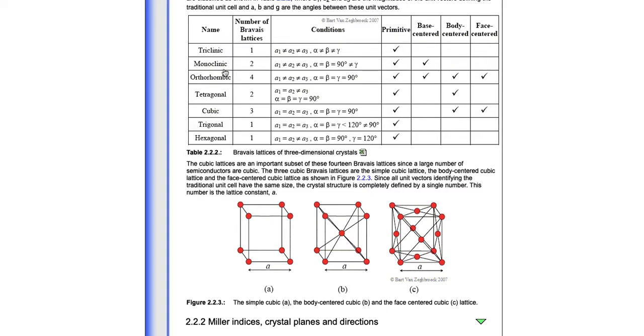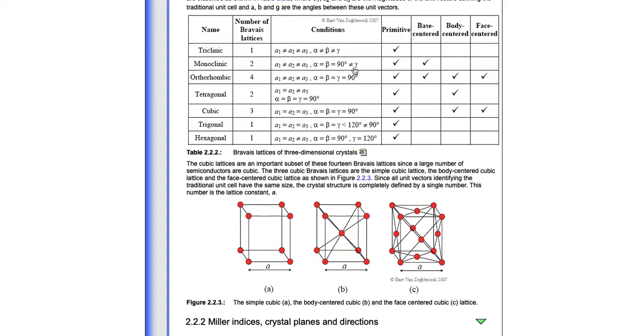Now, monoclinic. In monoclinic, there are only two Bravais lattices, which are primitive and base centered. A1, A2, A3 are not equal, meaning the sides are not equal. Alpha equals beta equals 90 degrees, meaning two angles are 90 degrees and equal, and not equal to the angle gamma.